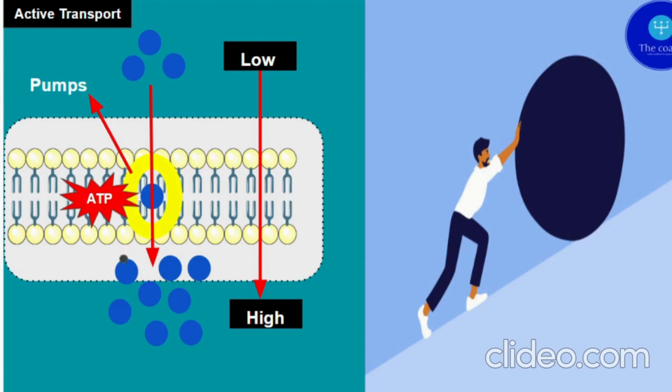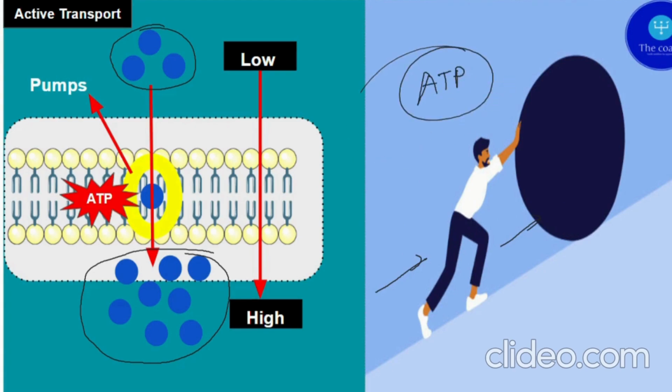Here molecules move from a region of lower concentration to higher concentration. Of course, when it moves from lower to higher, you have to expend energy. If you are asked to push the ball up the slope, it will take energy. You require energy in the form of ATP. Due to the push, the ball can move up the slope.